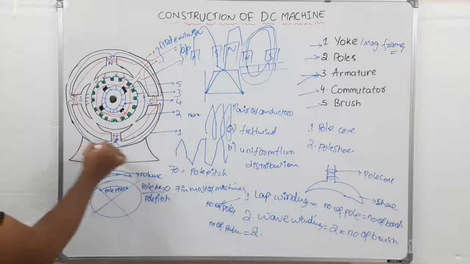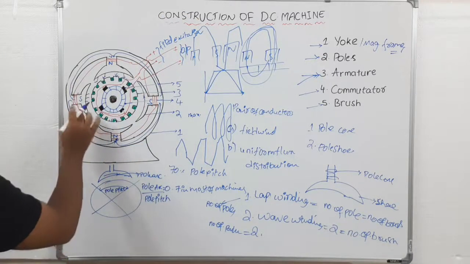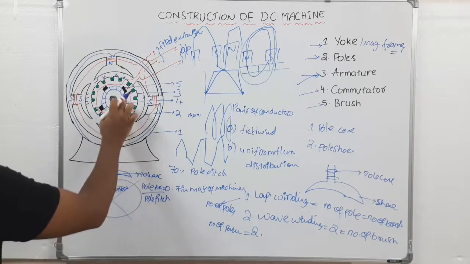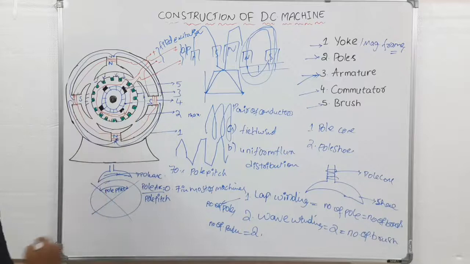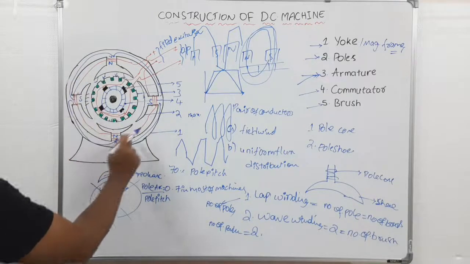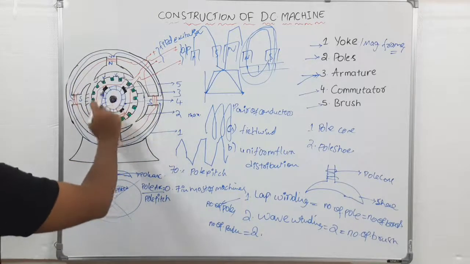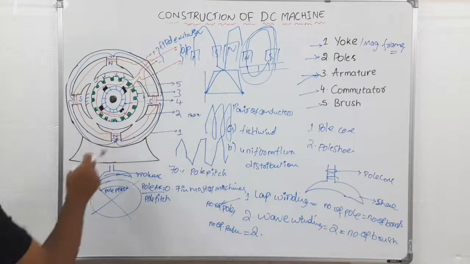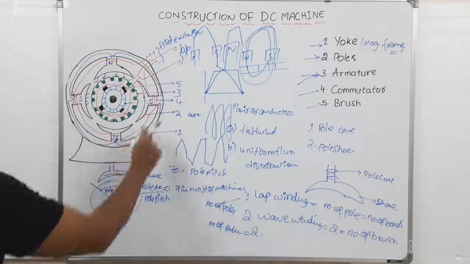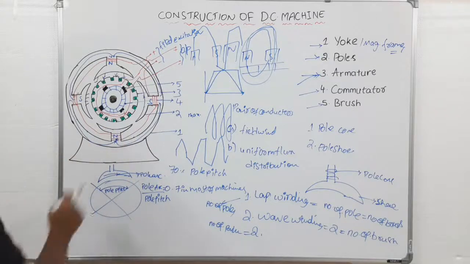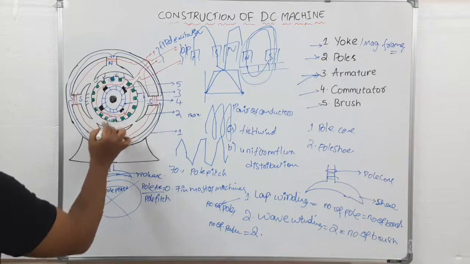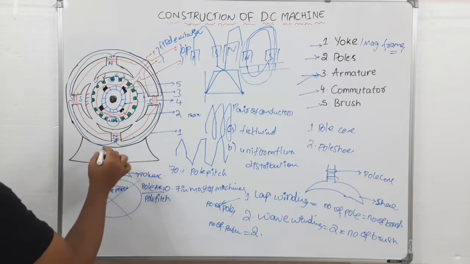So this is the entire DC machine: yoke, poles, armature, commutator and brushes. This is the field winding and this is the output, field winding excitation, return path for the magnetic flux, armature slots. These are all armature conductors.